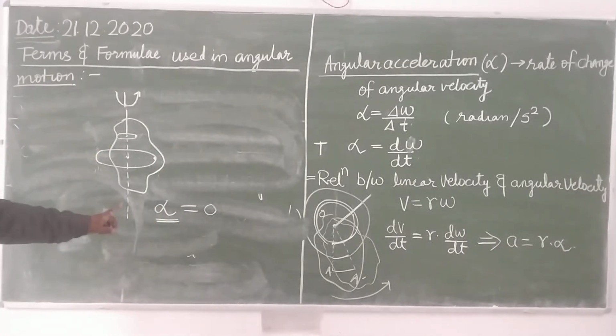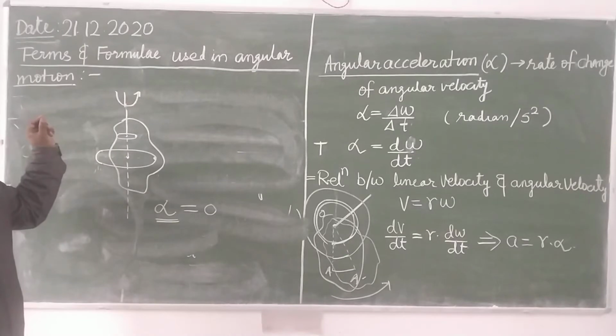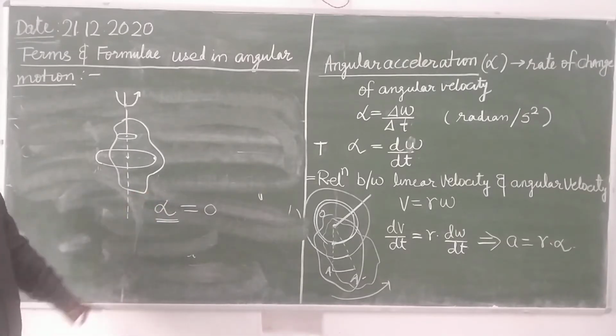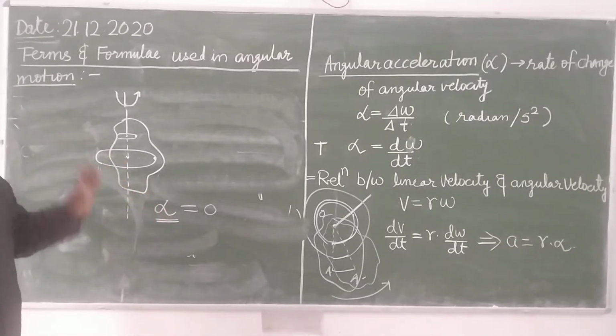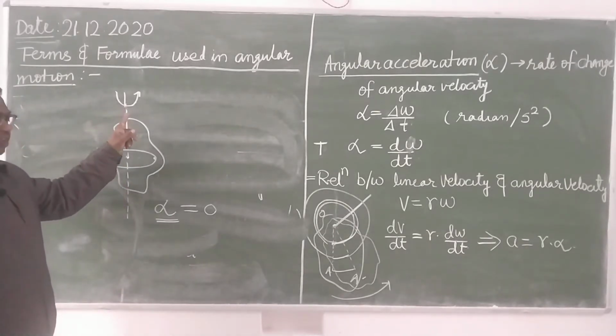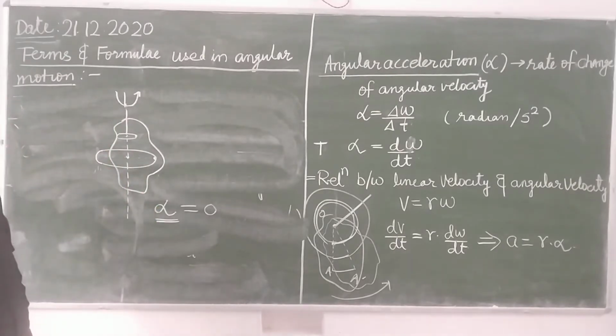Later we will see that all the particles have the same angular velocity, all move by the same angle in a given time, but their angular acceleration will vary, if they are having any angular acceleration. In case the body is moving with a constant angular velocity, then angular acceleration will be 0.